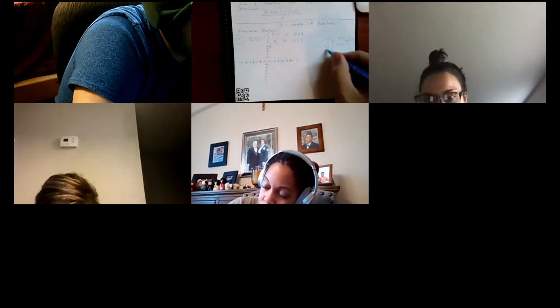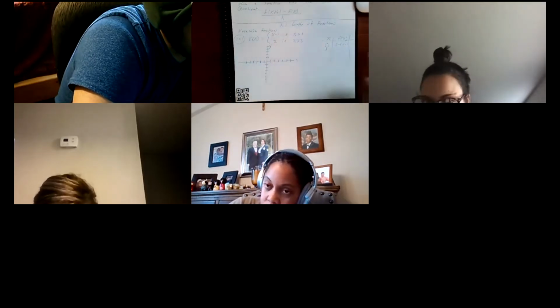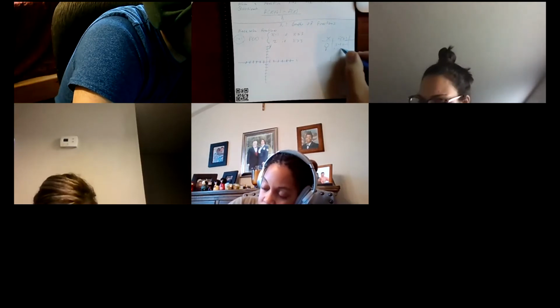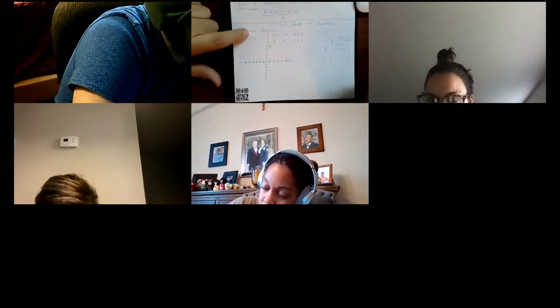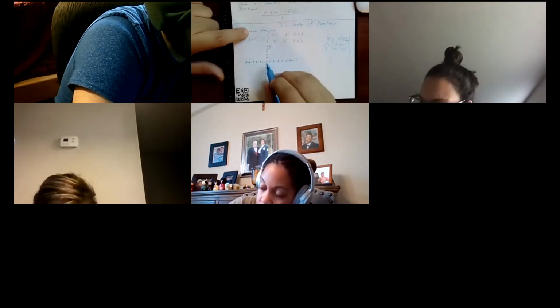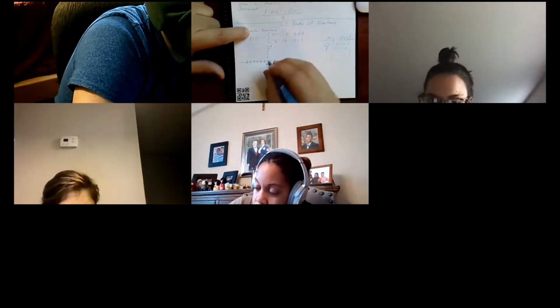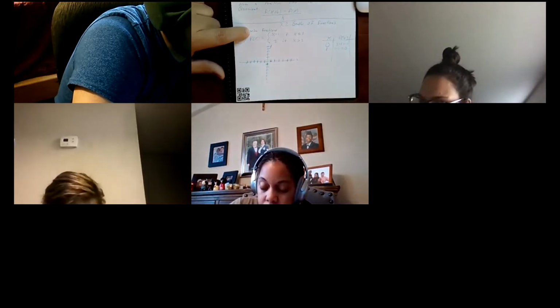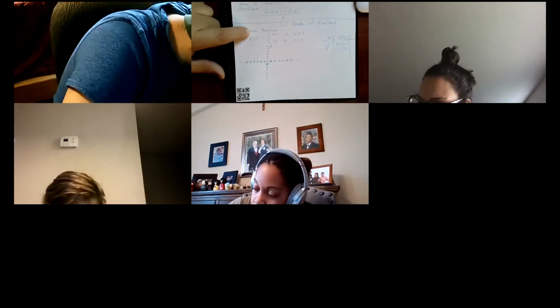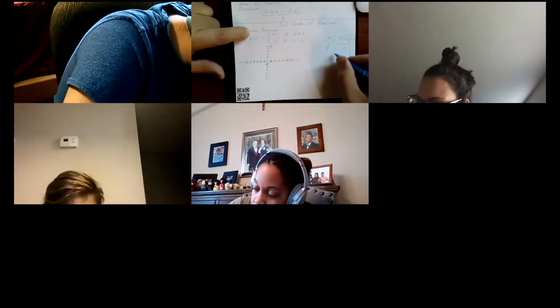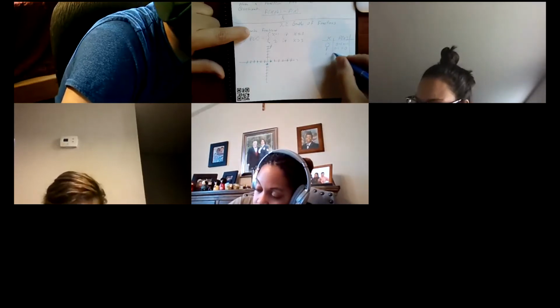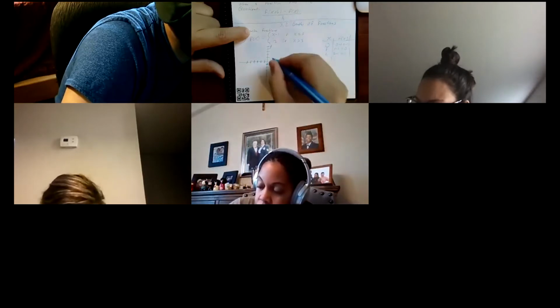Now, if I plug in 1, that's still below 3, so that would be 1 minus 1, which is 0. So these are the points I'm going to plot on this graph. At 0, I'm right here. At 1, I'm right here. At 2, we have 2 minus 1, which is 1. So at 2, I'd be there.